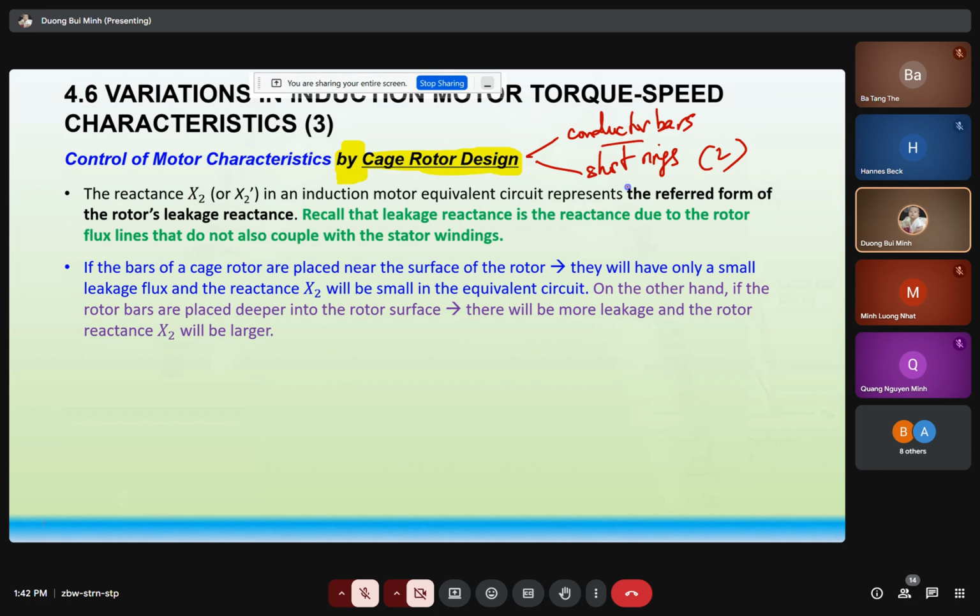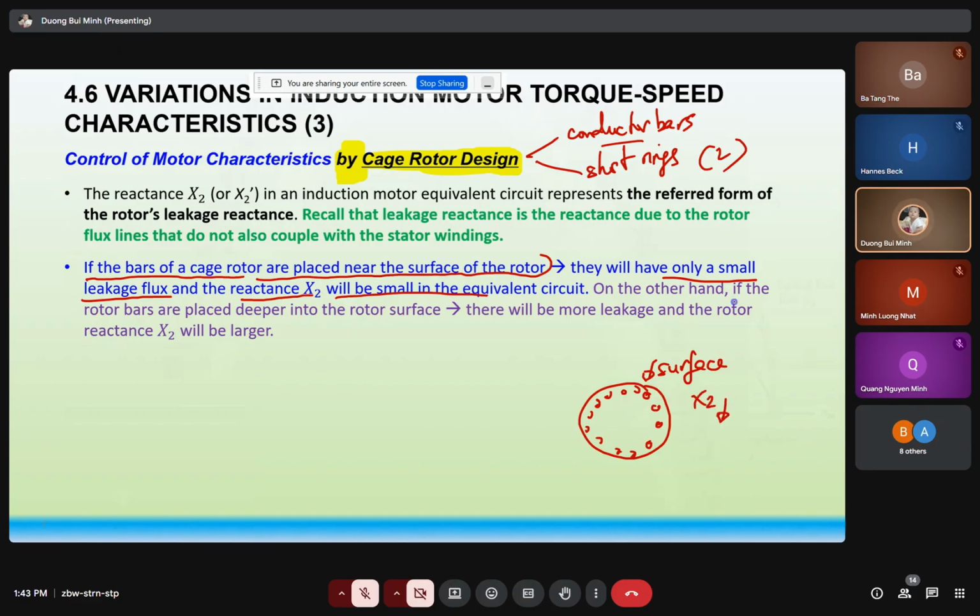So look, if the conduction bars of a cage rotor are placed near the surface of the rotor, this is the surface, right? Then we will have only a small leakage flux, and the reactance X2 will be small.